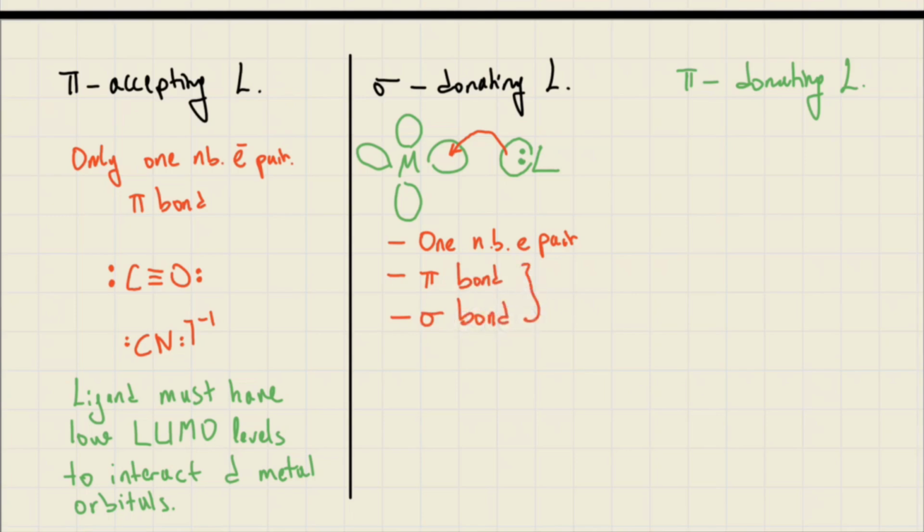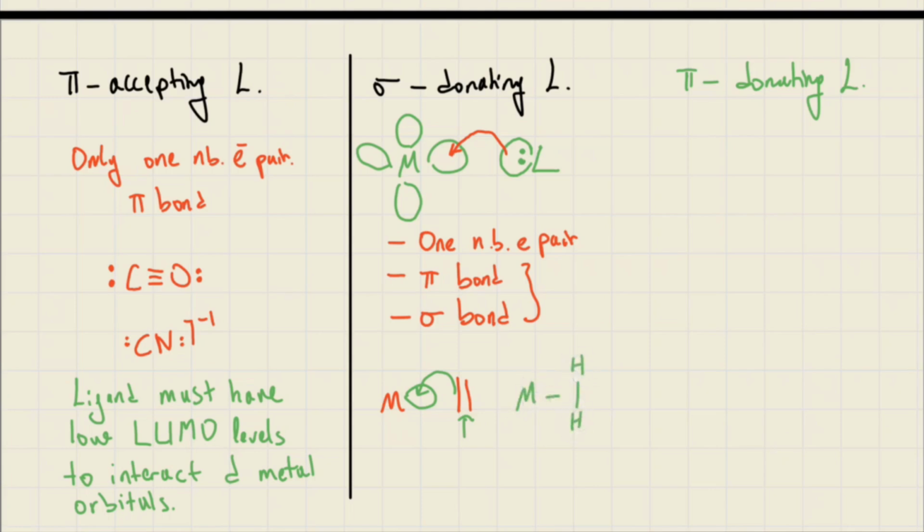I want to explain these two. So an alkene, for instance, has a pi bond, and this pi bond can interact with the orbital of the metal and make a bond. So this alkene is a sigma donating ligand. The other possibility is, for instance, hydrogen.